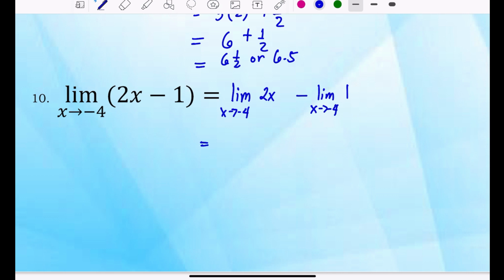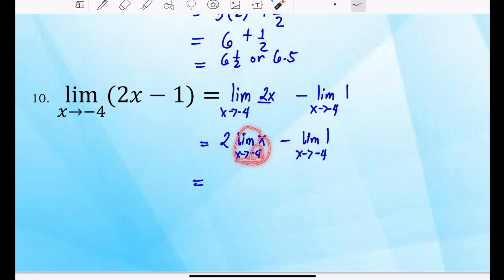Next, this is a coefficient, so we can write 2 times the limit of x where x approaches negative 4 minus the limit of 1 where x approaches negative 4. So this is now a limit of identity, the limit of x where x approaches negative 4. So this is now equivalent to negative 4.